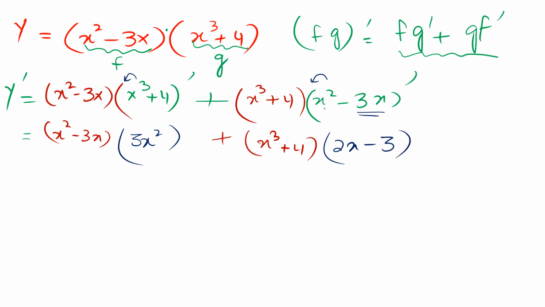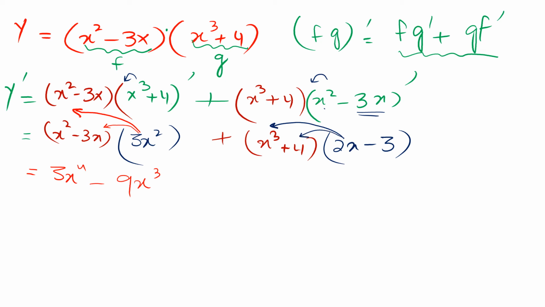Now simplify them by opening the brackets. Multiply 3x squared by x squared, you will get 3x to the power 4. Multiply 3x squared with 3x, so you will get minus 9x cube. Now in this case you will multiply 2x first with the x cube and the 4.